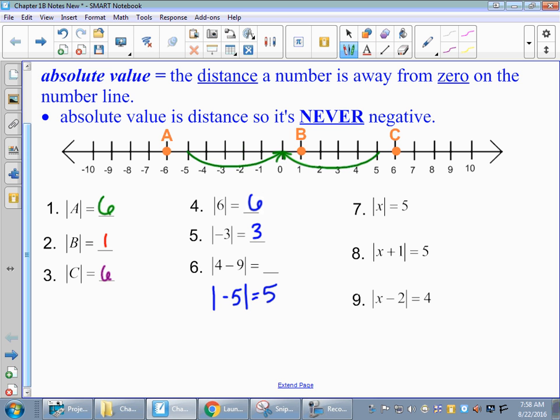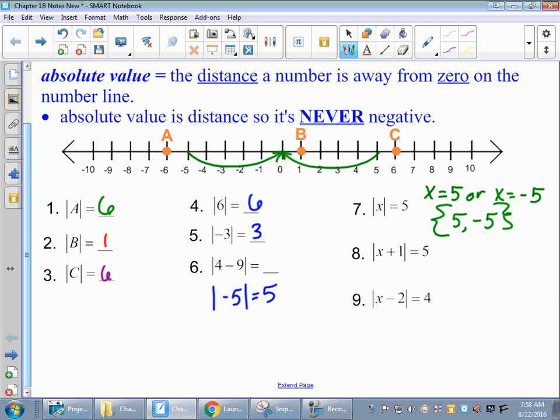And so there's actually 2 numbers that have an absolute value of 5. So x could equal 5, or x could be negative 5. Because there's 2 choices, we have to come up with all of the choices. And so how you can write that is in a solution set, just like we talked about when we were solving equations. Since there's 2 answers, that's the proper way to list them.